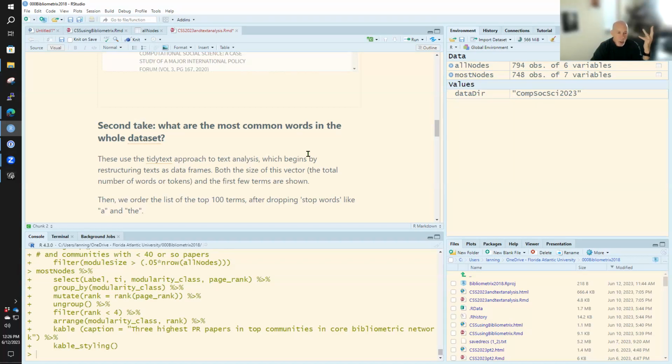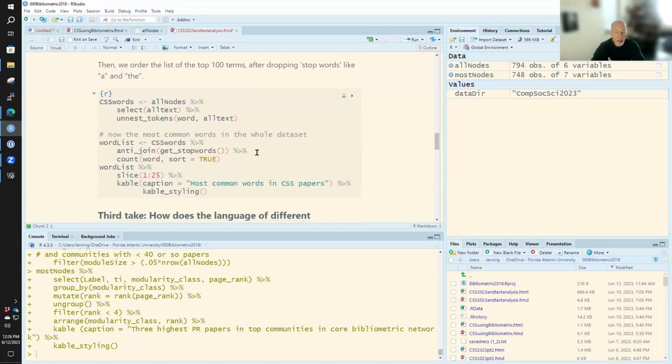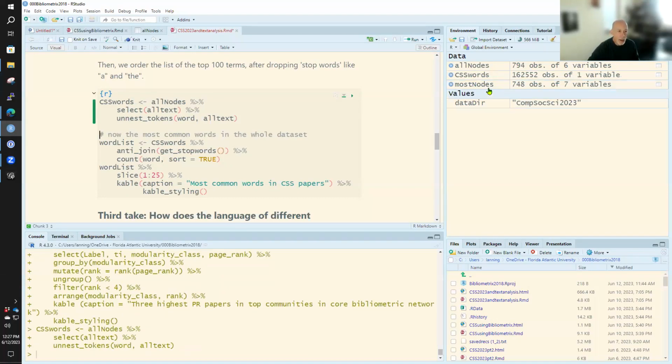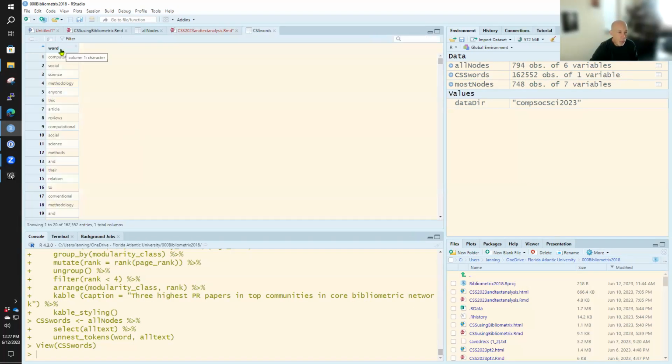A second approach to looking at what computational social science is, we're going to abandon this analytical approach that we've used for the time being, comparing these different areas, and just look at the overall area. And so for this, we're going to look at the all text field. We're going to take all nodes, including the ones that we've dropped, and strip them out into a vector of words.